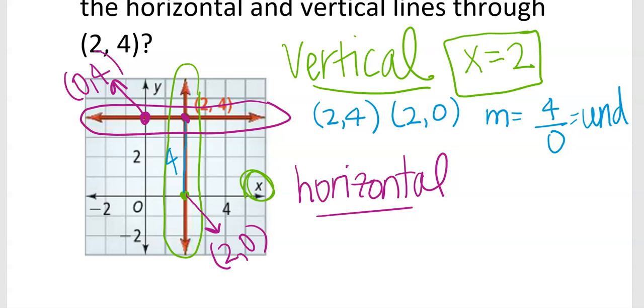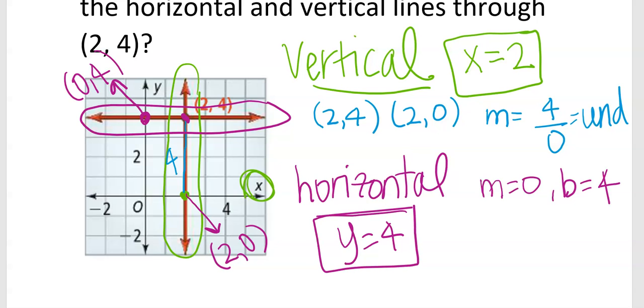Okay, so does this one cross the y-axis at all? At 4. What's the slope of a horizontal line? 0 slope, yep. So if the other one was undefined, this one is actually 0. So your slope is 0, and your b is 4. So for this one, it would be y equals 4.